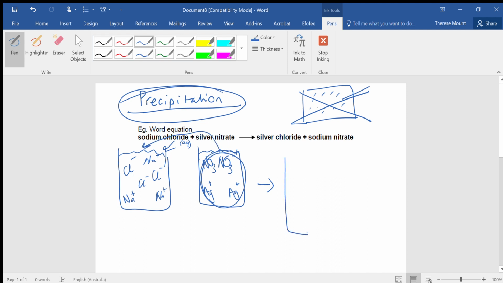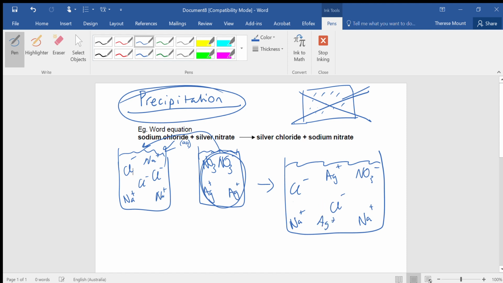Okay, so we've got a big beaker. Now I've poured all this in there. So in this water now, I'm going to have Na, I'm going to have Cl, floating around, but I'm also going to have the nitrate ion and the silver ion floating around.